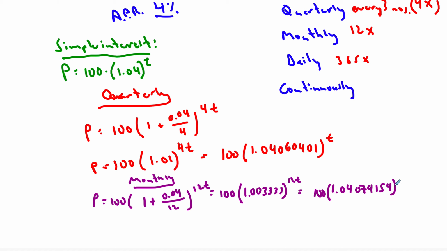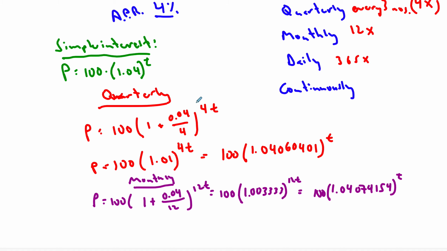So the idea is, if I add interest 12 times, even though I'm adding less interest each time, I'm cutting up how often I'm adding it, I'm adding interest more frequently during that year, so my effective rate is even better. It's a little bit better than it was if it was quarterly. There's not a lot of difference there, but it's certainly better.